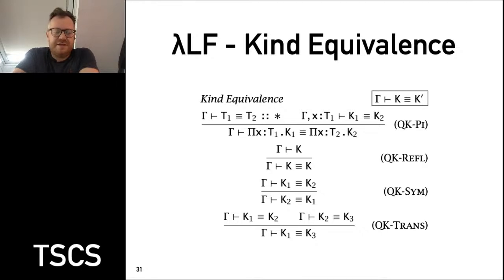That means that if we have a pi type that has T1 as their input type, and if we have a pi type that has T2 as their input type on the right side, and we have K1 and K2 as the body of the pi type, we can consider them equivalent if and only if their input types are considered to be equivalent, and of course proper, as we need them to be proper, and the output kinds of K1 and K2 must also be considered equivalent.